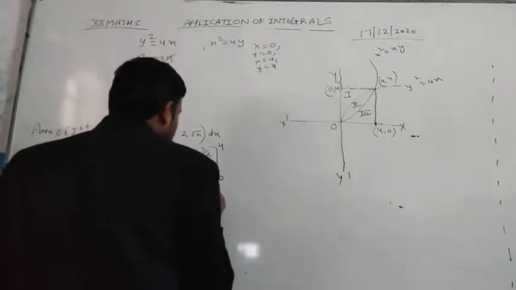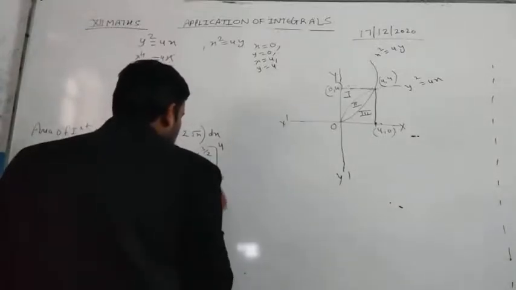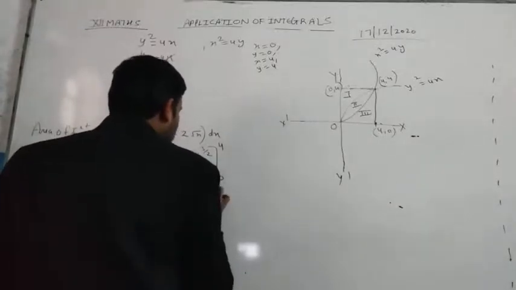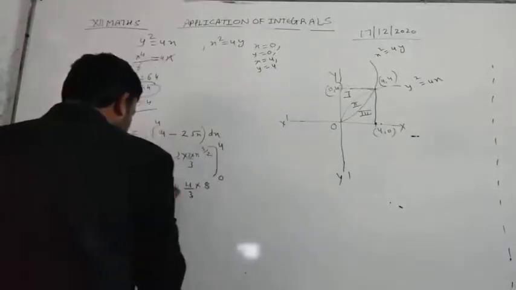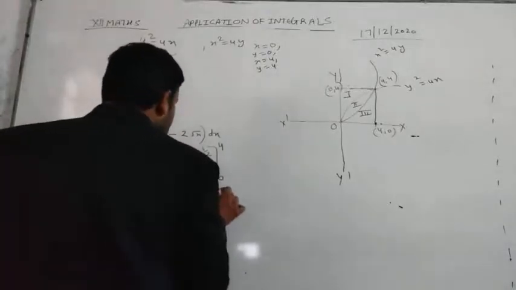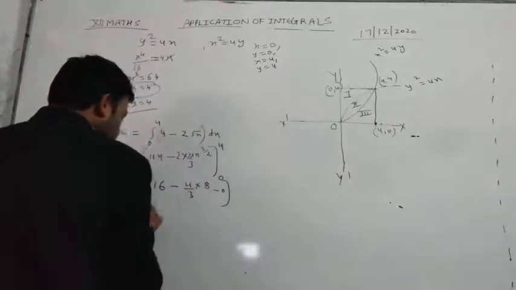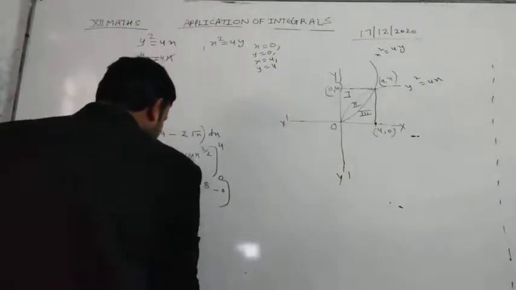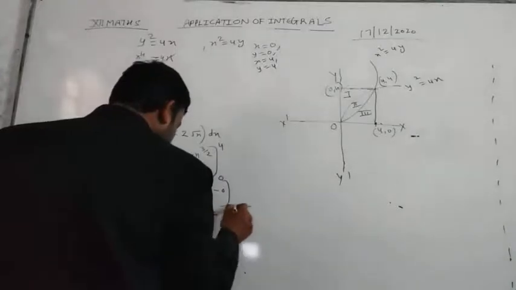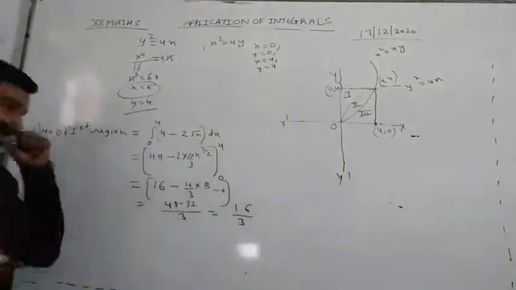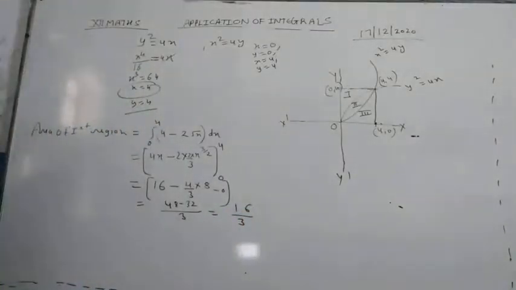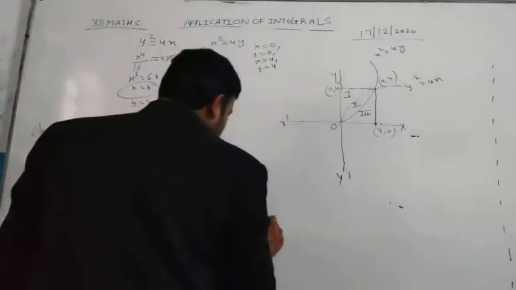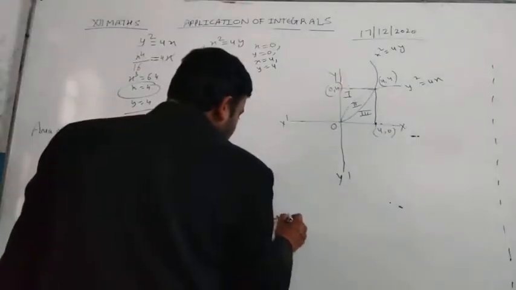Square root of 4 to the power 3 will be 8, and this is minus 0. Now it will be 48 minus 32, by 3. So the area of the first region is 16 by 3 square unit.